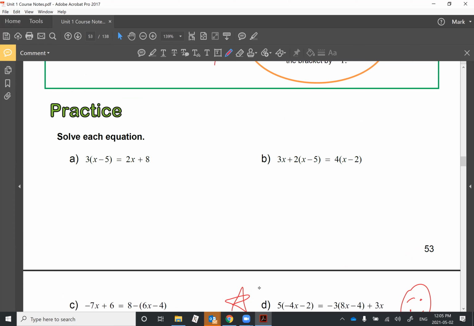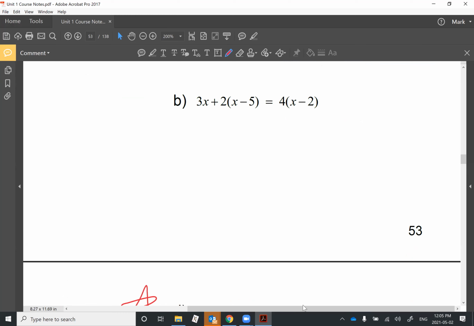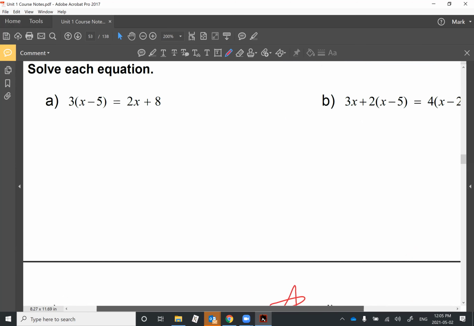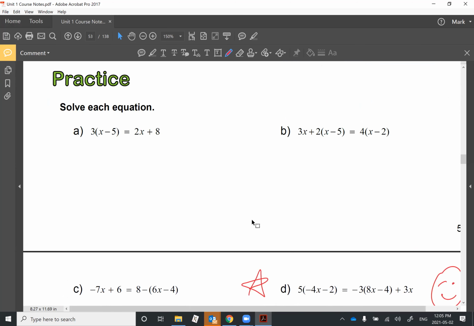The problem with A is I have brackets there, and there's no easy way to solve for this with the brackets. So I want to get rid of the brackets. Sorry, let me zoom in here. Okay, so step number 1, distribute the 3 inside those brackets.